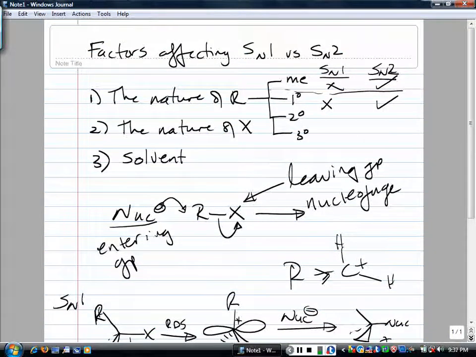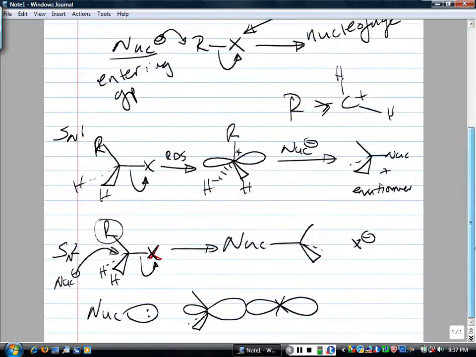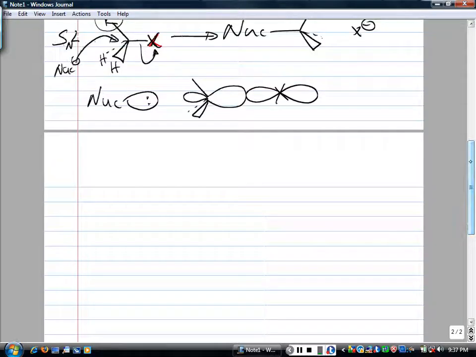Now, there's one little caveat about the primary species. There are some primary species for which the SN1 reaction is possible. And what will those species look like? Those are species for which, for example, in the case of benzyl, this is a benzyl chloride.